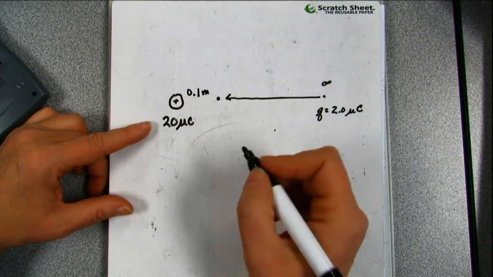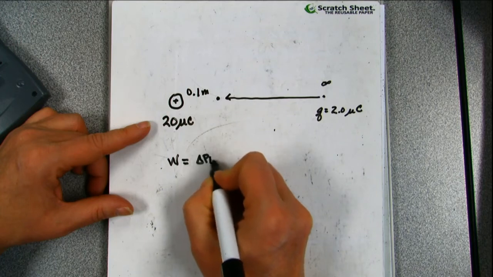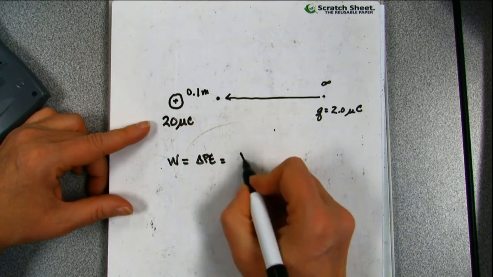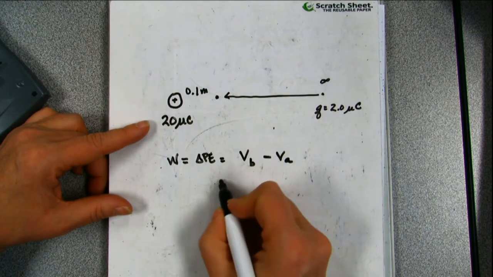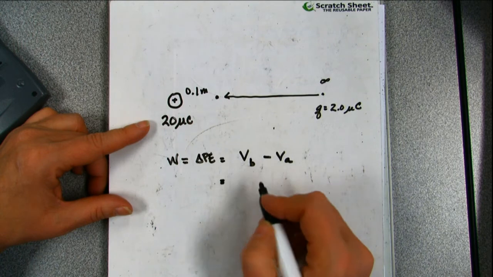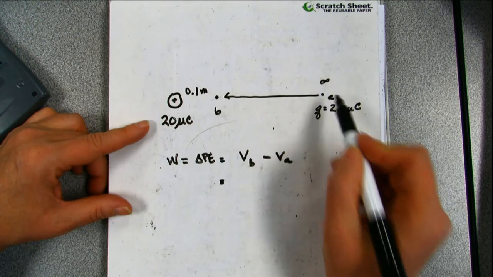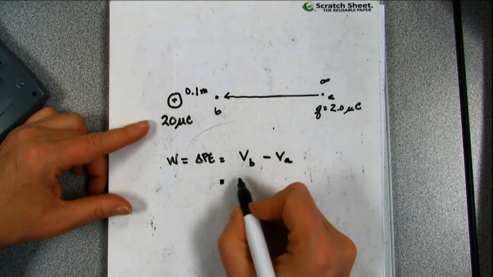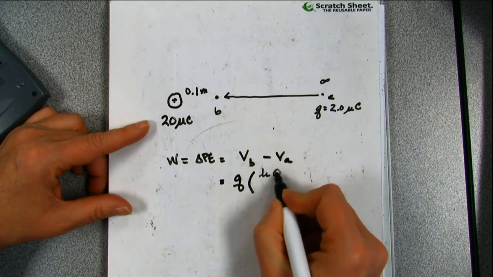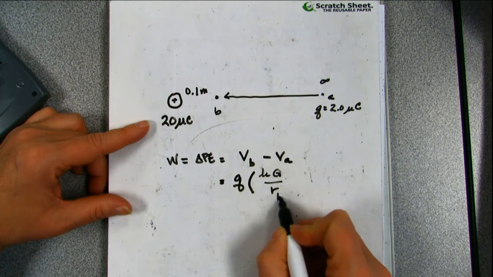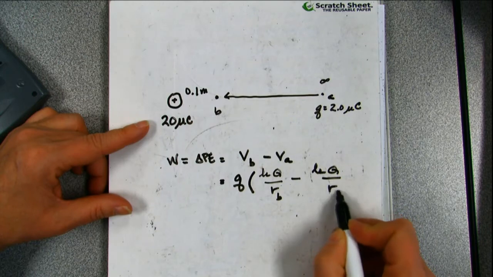So the work done is going to equal my change in potential energy, and that's going to equal the charge times VB minus VA, where this is B and this is A. So this is going to equal q times kQ over rB minus kQ over rA.